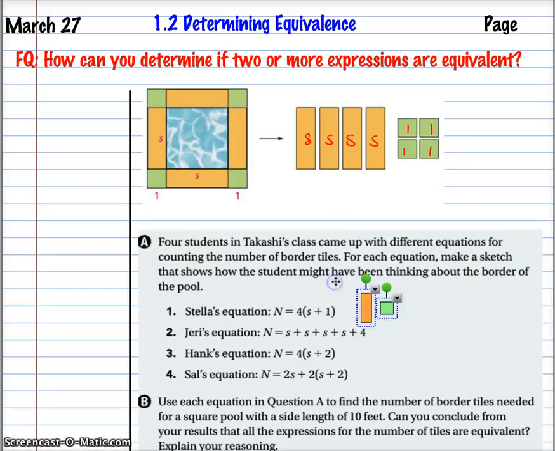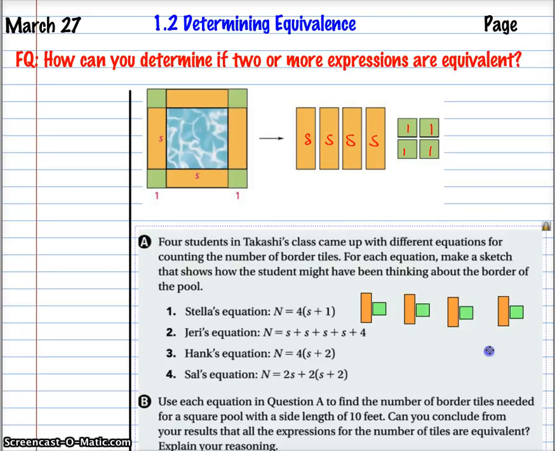Okay, so there's one group. I'm going to make this group a little bit smaller so I don't have very much space. There's another group. There's another group. And there's another group. I think this is a better representation of S plus 1 times 4 because there's 4 of these being added together. Right? 4 of S plus 1s together.